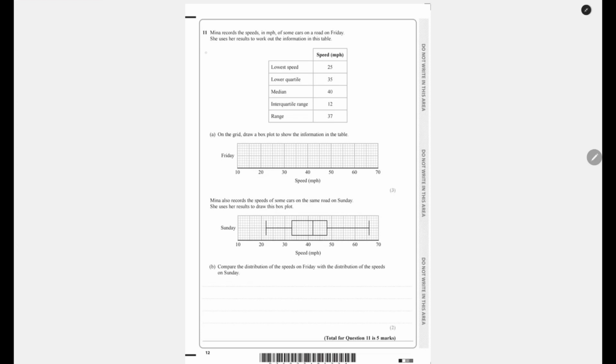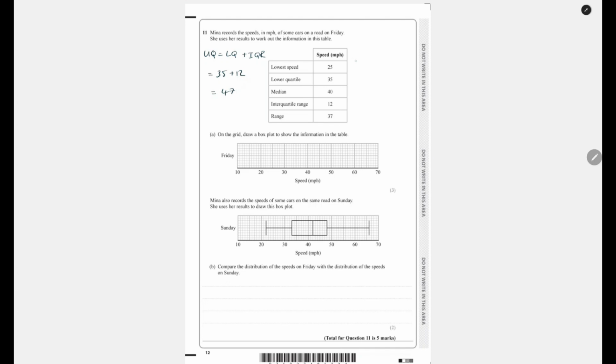So the upper quartile is just the lower quartile plus the interquartile range. And so that's going to be 35 plus 12, which is equal to 47. So our upper quartile is 47. To work out the maximum speed, it's just the lowest speed plus the range, because the range is the maximum number minus the minimum number.